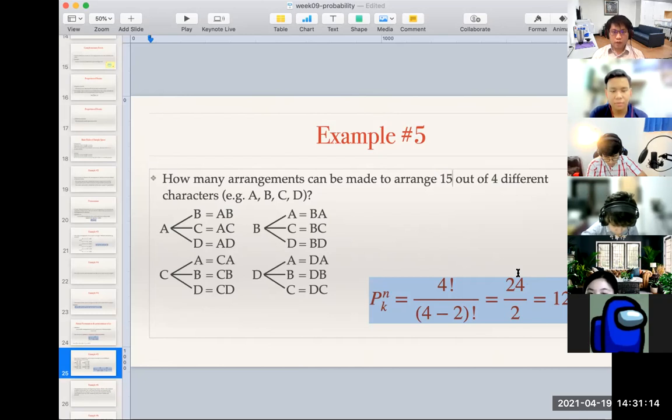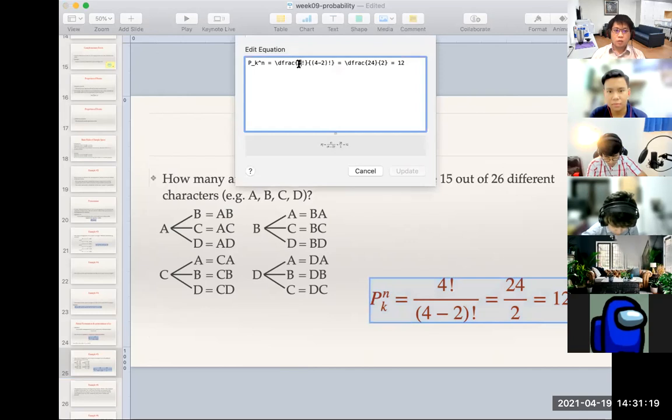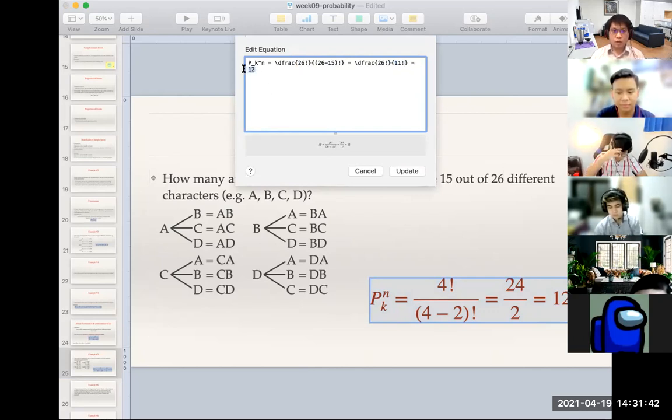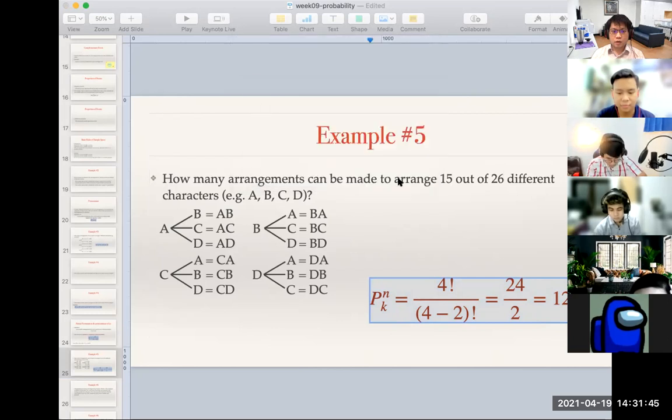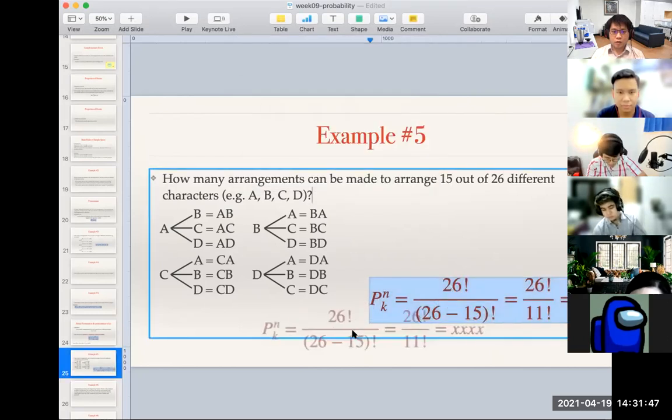But if I change it to 15 and 26, then it will become 26 factorial divided by 26 minus 15, that is 11 factorial.